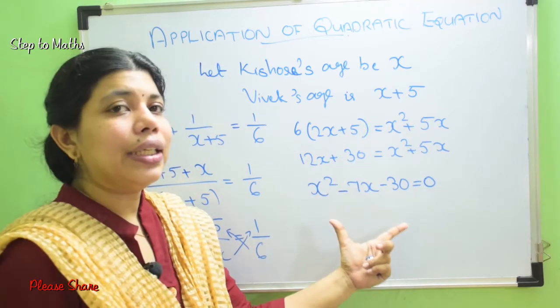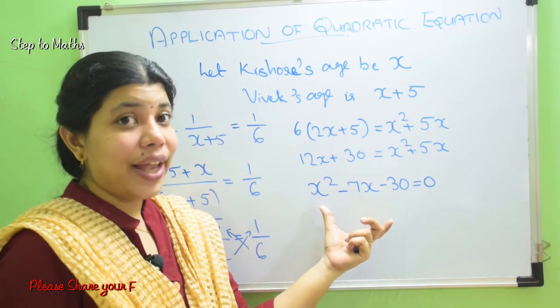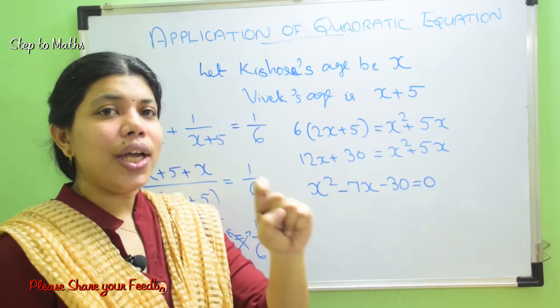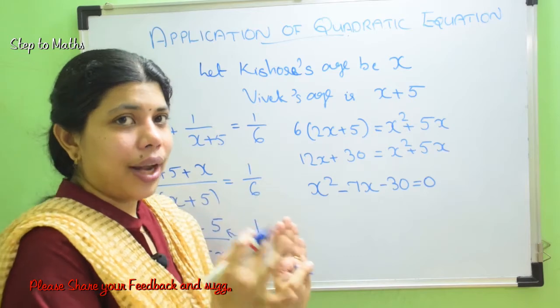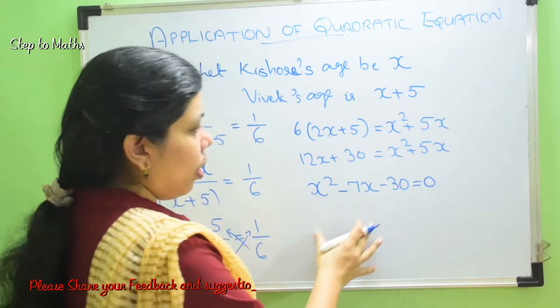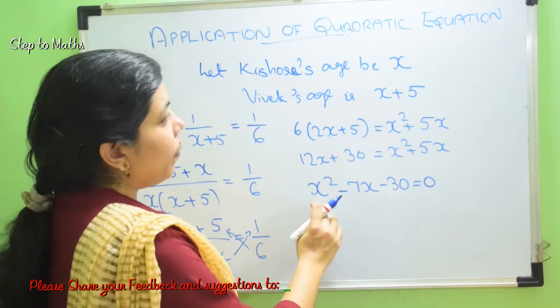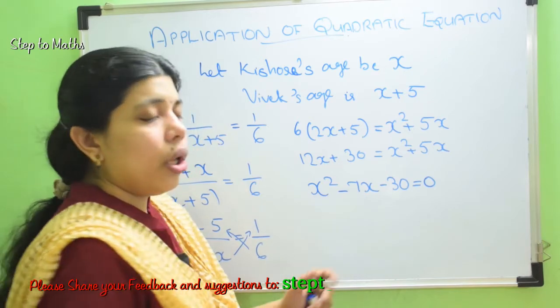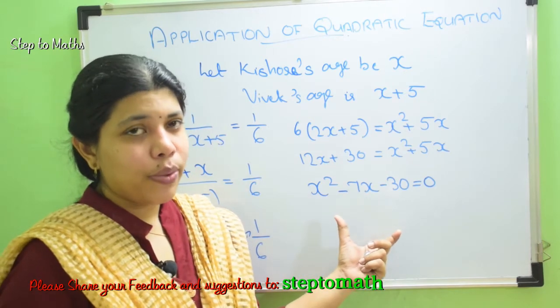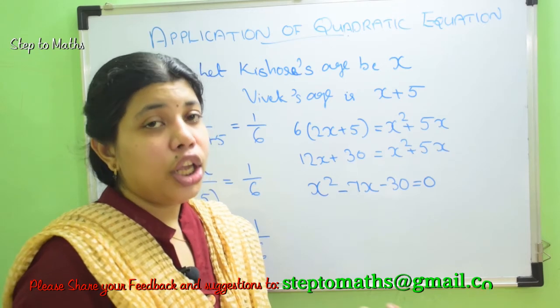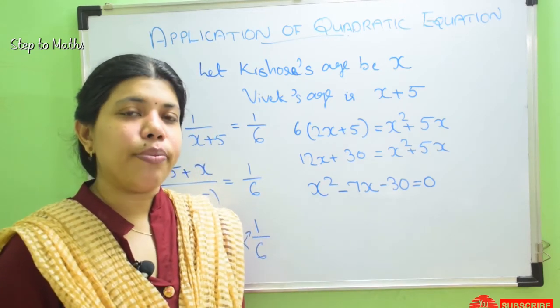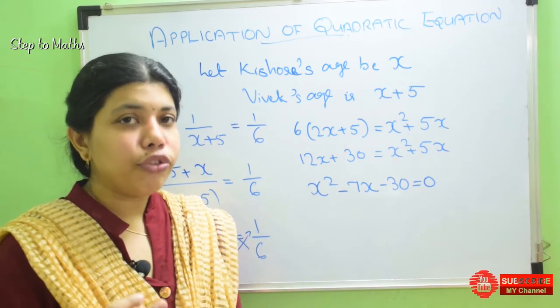Now we get the quadratic equation according to the given condition, or we formed the quadratic equation. If we solve this equation, we get the value of x. For solving this quadratic equation, we can use either the formula or the factorization method. If you are not confident with the factorization method, you can apply the formula also.